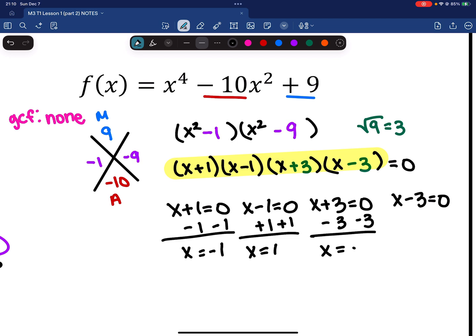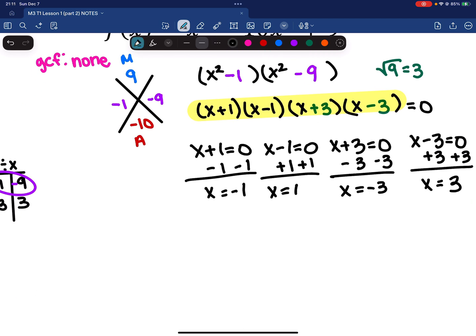We get x is equal to a negative 3. And last equation, we add 3 to both sides, and we get x is equal to a positive 3. So these would be our zeros: x equals negative 1, positive 1, negative 3, and positive 3.